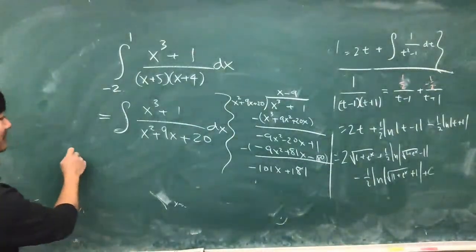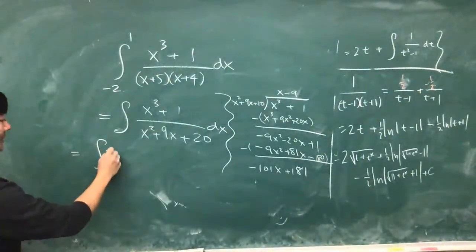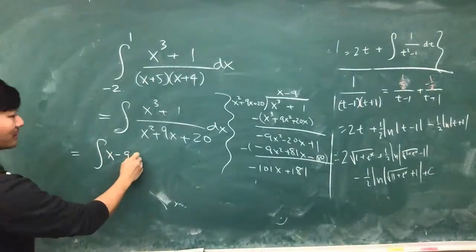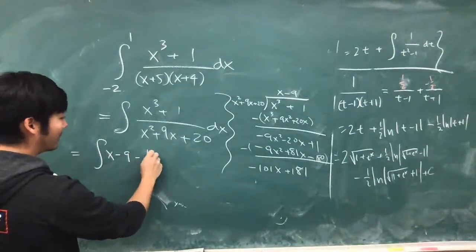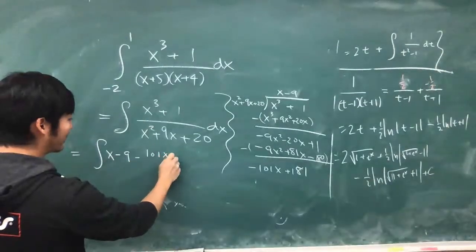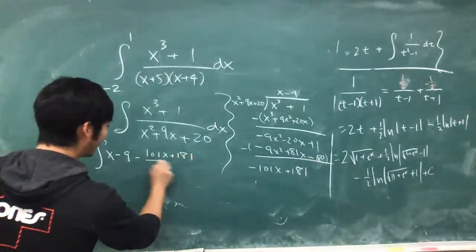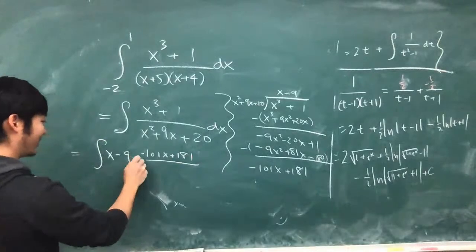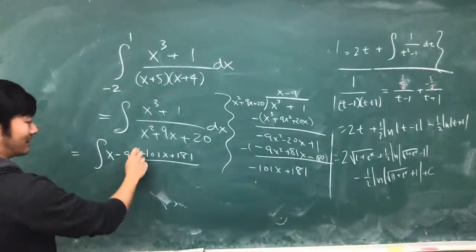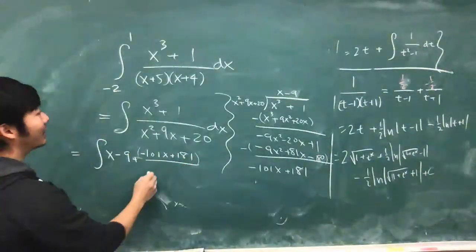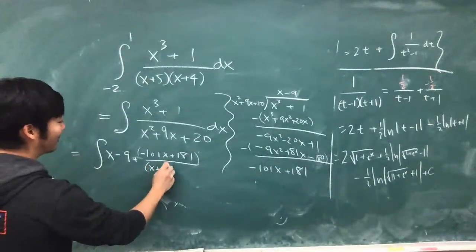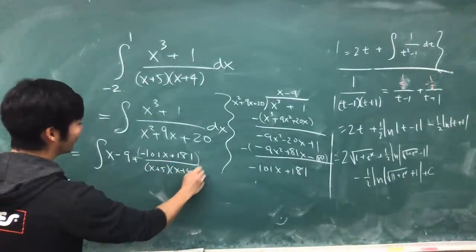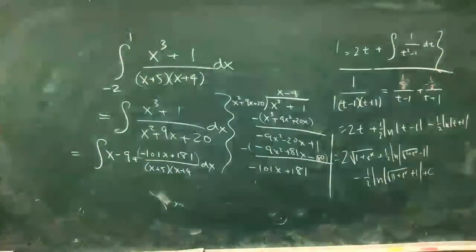So this becomes integrating x minus 9 minus 101x plus 181 all over, so a minus sign here and a plus, right, so it's in parentheses, x plus 5 and x plus 4, dx.